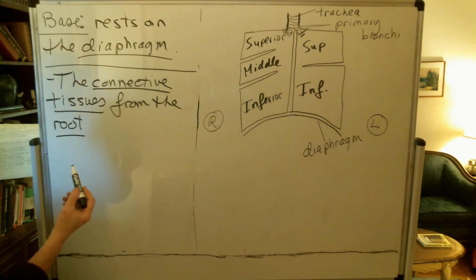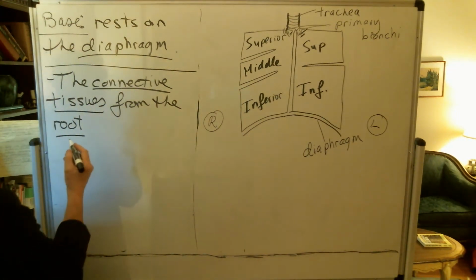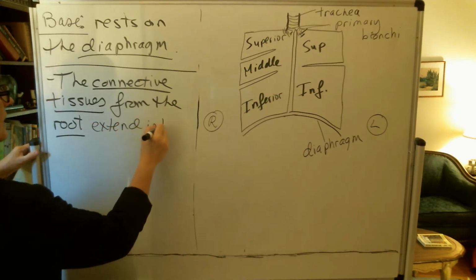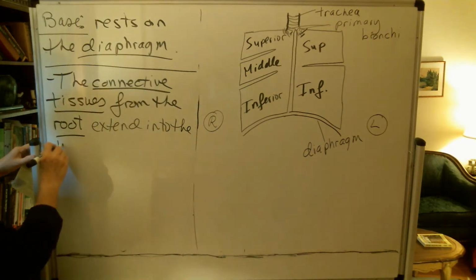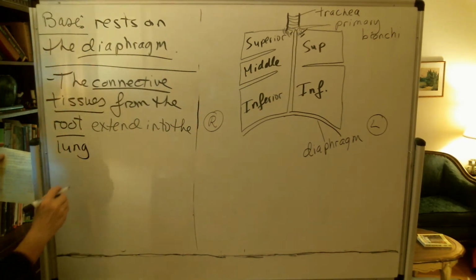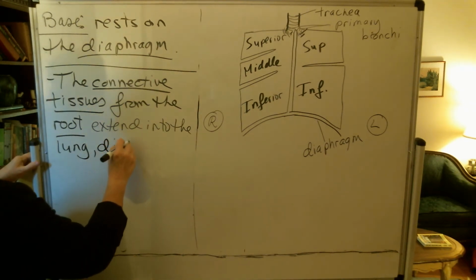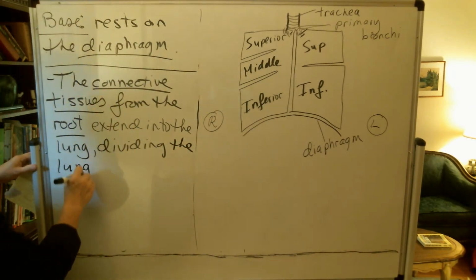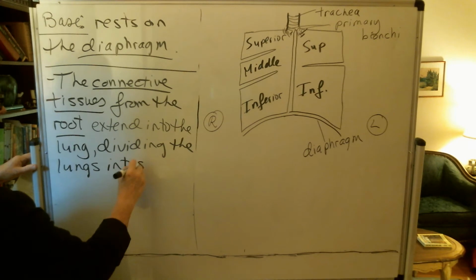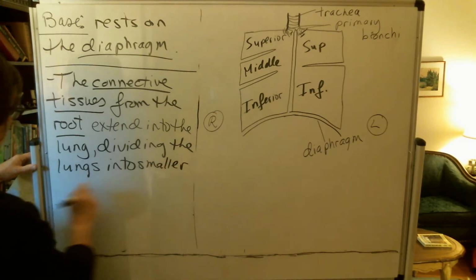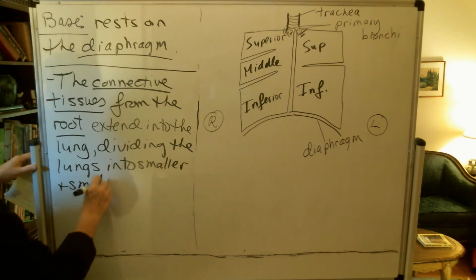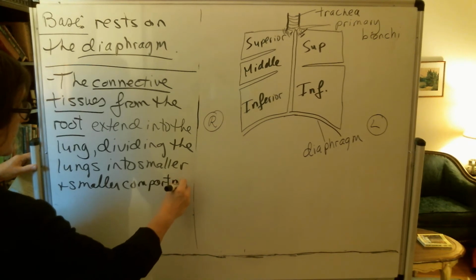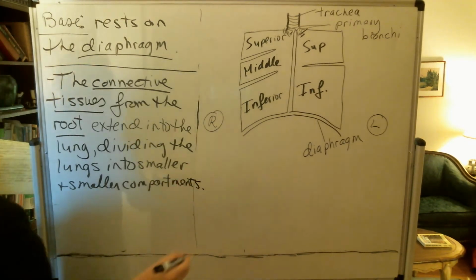So connective tissues from the root of the lung then extend into the lung, dividing the lungs into smaller and smaller compartments.